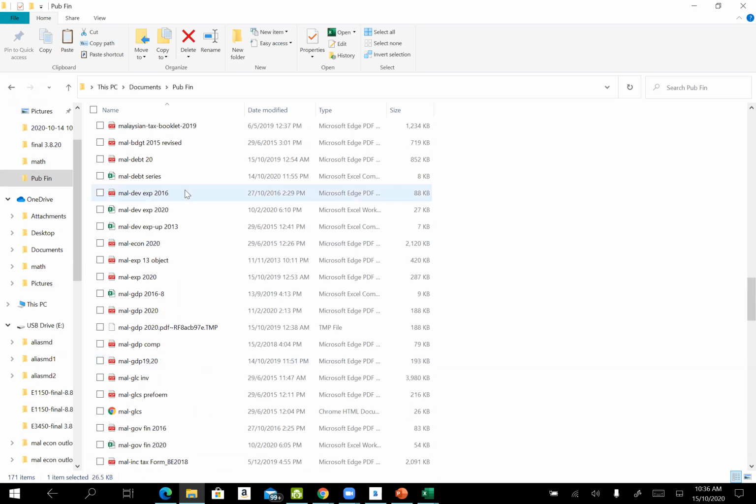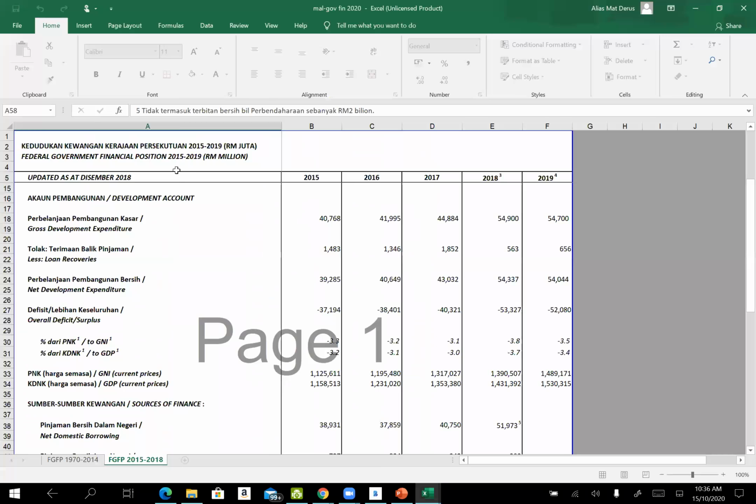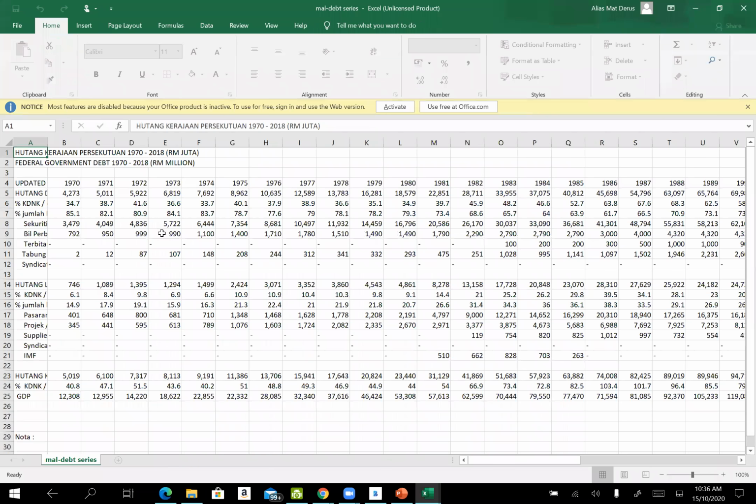So we have the GDP. What we'll do is look at the debt for the 2 years that we were looking at. So this is the debt. This is in Malay. If you cannot understand Malay, the debt is in row 23 here. You call it hutang.